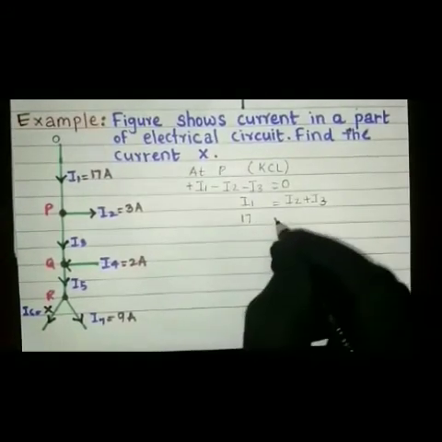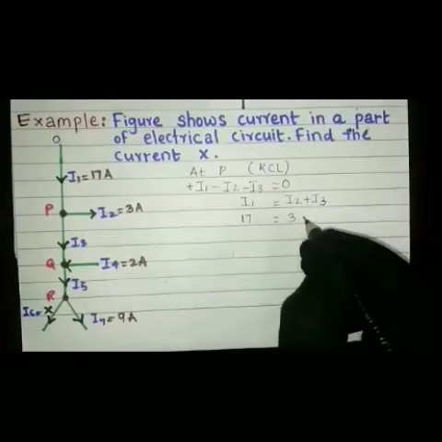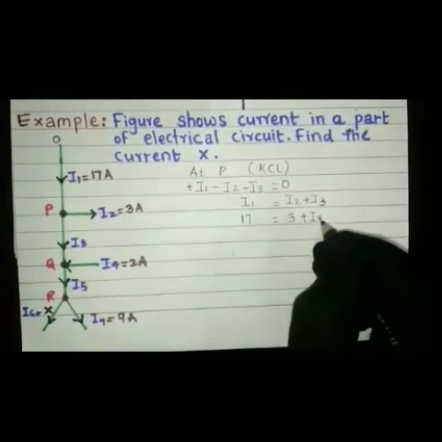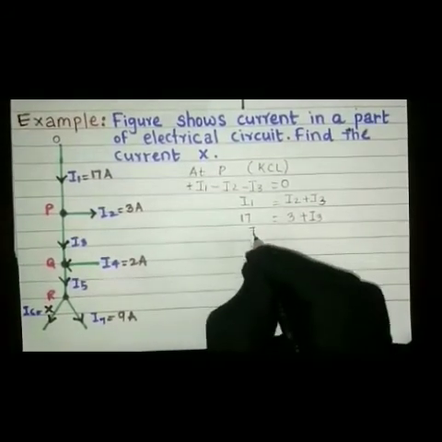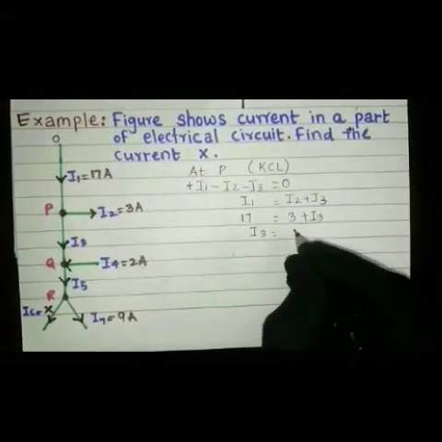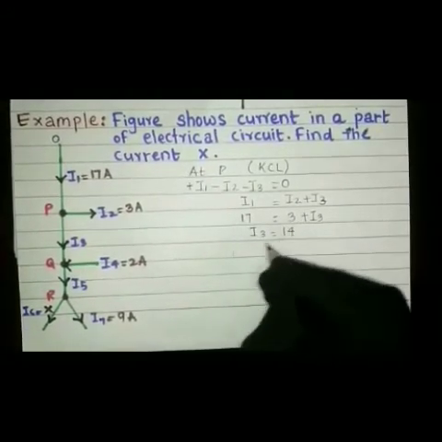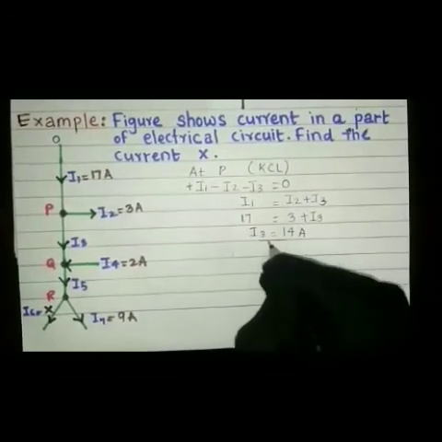Substituting the values of current, I2 is 3 and I3 we don't know, so we can easily calculate I3. I3 is nothing but 17 minus 3, it will be 14, and as it is current, the unit will be ampere. So this will be your I3 here.